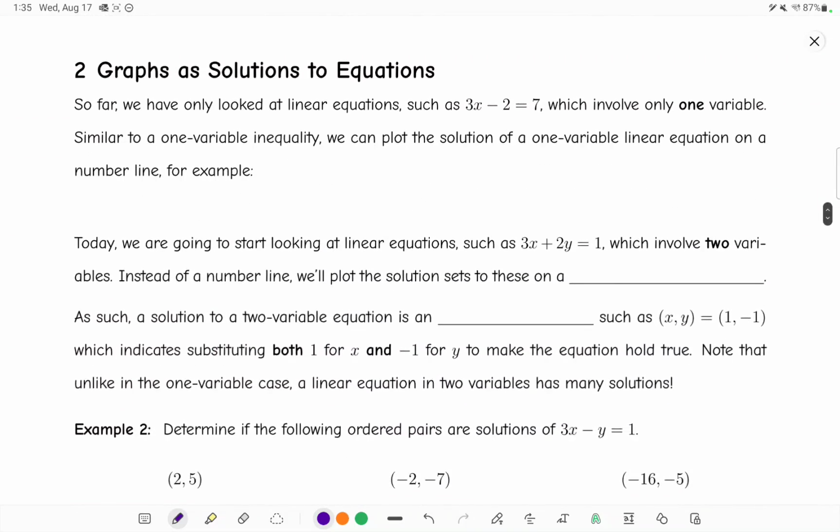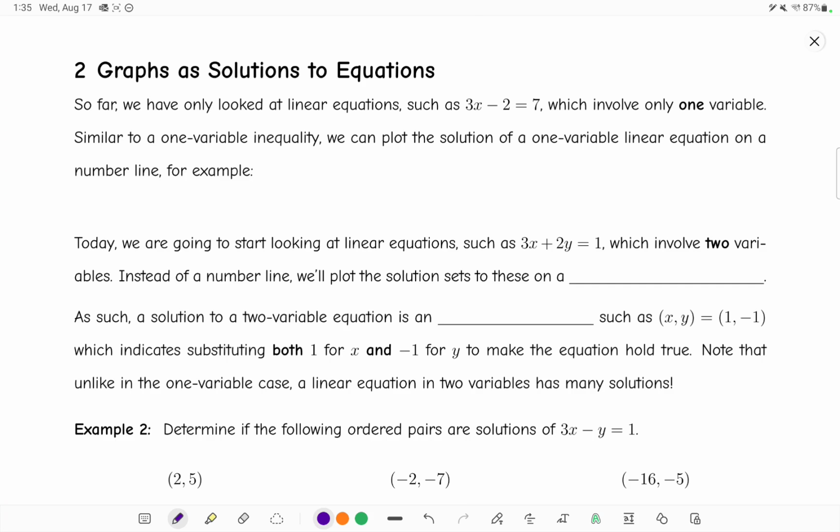Part 2, graphs as solutions to equations. So far, we have only looked at linear equations, such as 3x - 2 = 7, which involve only one variable. Similar to a one-variable inequality, we can plot the solution of a one-variable linear equation on a number line.